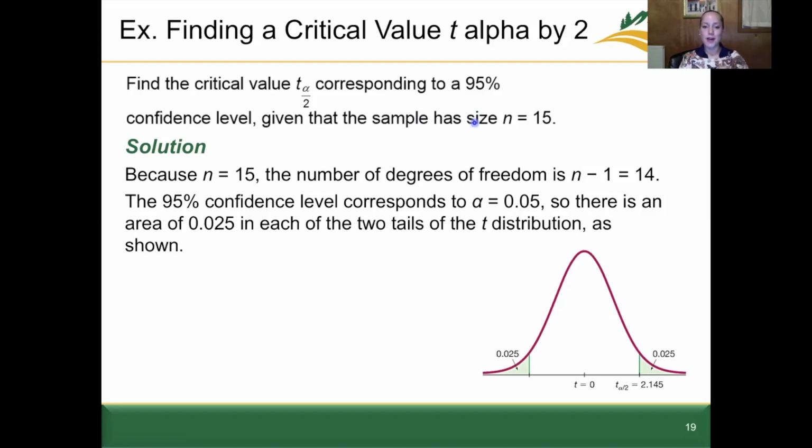So we take 1 minus 0.95, we get an alpha value of 0.05. Still somewhat following along the lines of what we did in 7.1, then we can take alpha divided by 2. So 0.05 divided by 2, that's 0.025. The meaning of alpha over 2 are these 2 tails of now the t distribution.